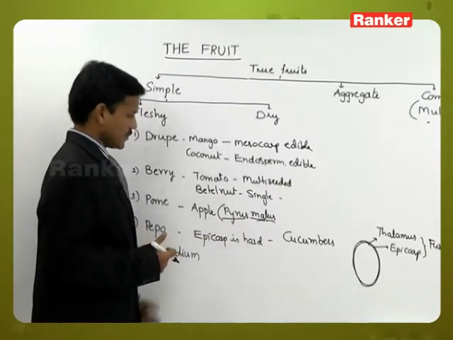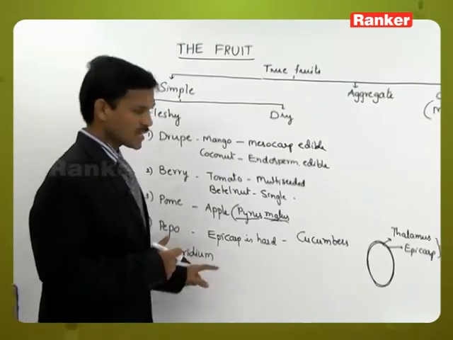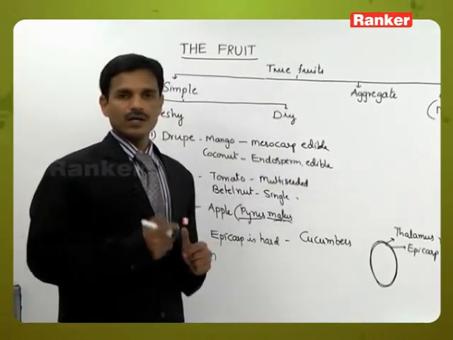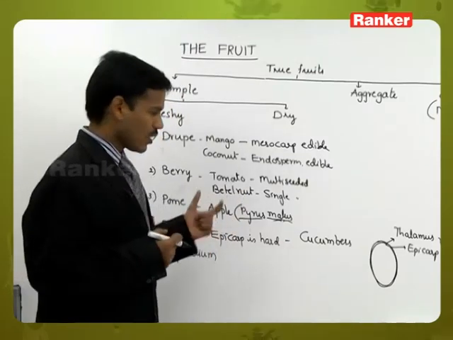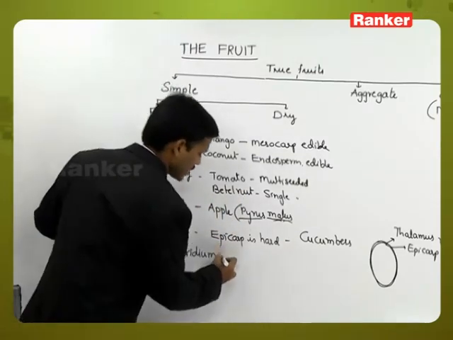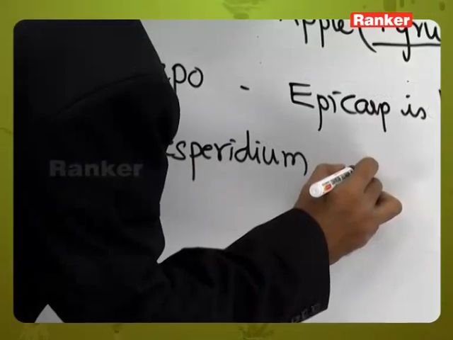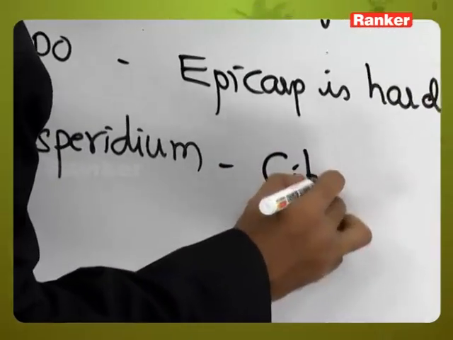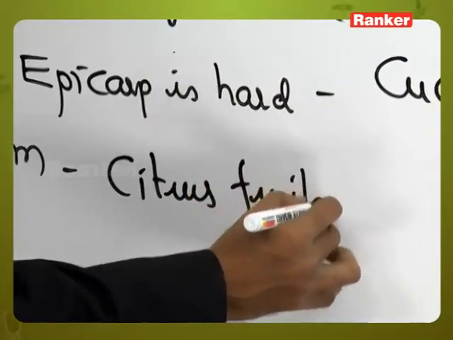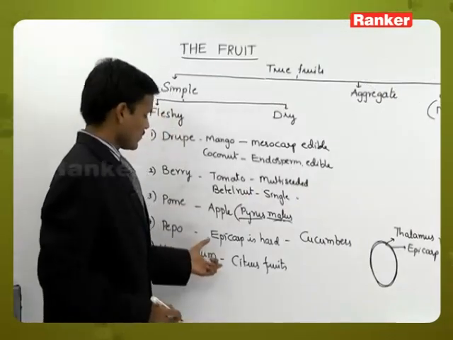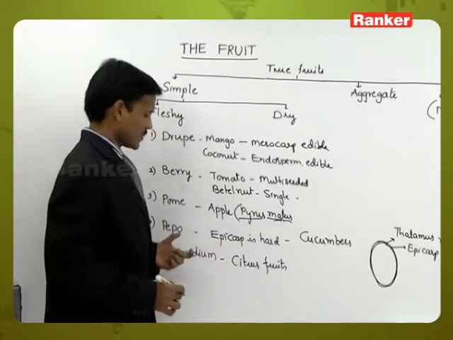Next, hesperidium. The hesperidium fruit is a characteristic fruit of the citrus family, or Rutaceae family, as in orange or citrus plants.